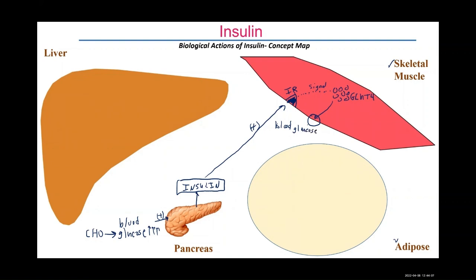And it's going to allow blood glucose to enter, right, the skeletal muscles. And when it enters the skeletal muscles, that glucose, of course, can be used by the skeletal muscles for energy and all kinds of other things. But then, of course, we're going to store it as glycogen.